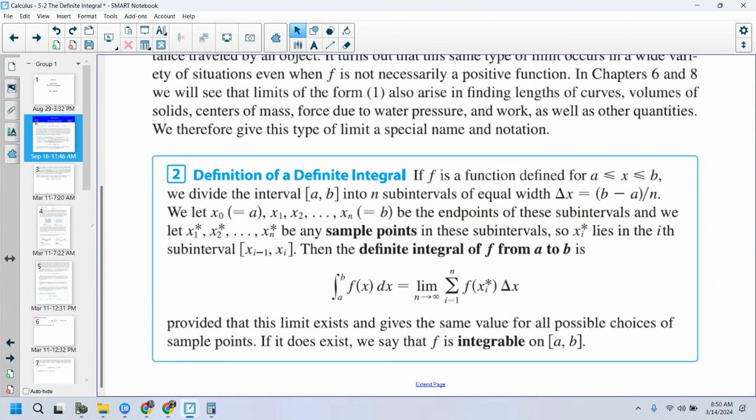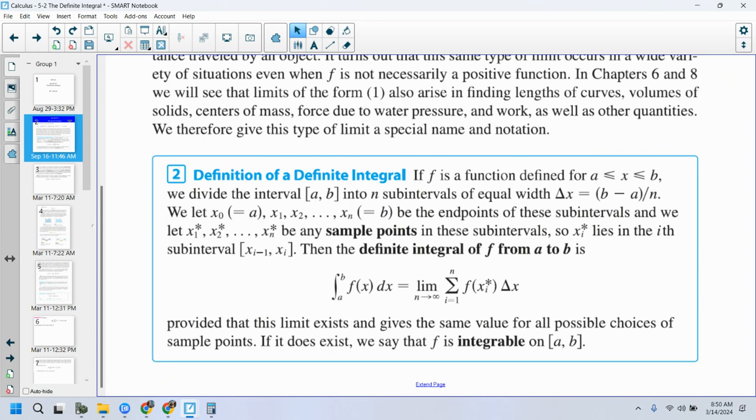That process of finding the area underneath a curve is the process of integration. You find the integral of a function, and that means finding the area underneath the curve along that interval.